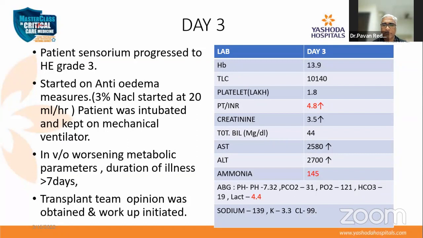Right. So what next will you do? Now your things are not working. You are giving 3% NS, infusion, boluses, whatever. Patient is continuously worsening. INR is worsening. Metabolic acidosis is also worsening. Bicarb is coming down. Lactate is still 4.4. Creatinine is worsening. What will you do next?